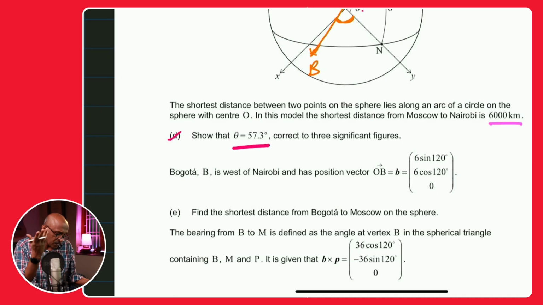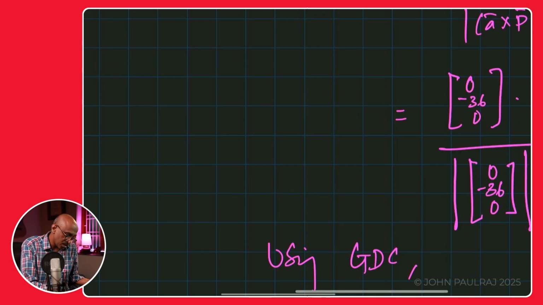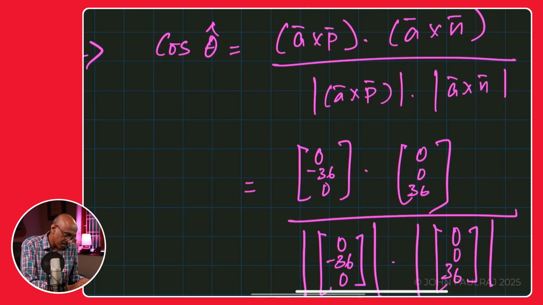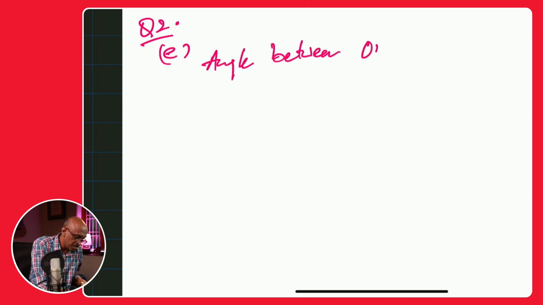So we can use the formula again. The dot product formula can be used. This particular formula, the cos theta that I had mentioned earlier on, can be used to find the angle. And we're looking at OB and ON. Question 2E. So we'll write down the angle between OB and ON.